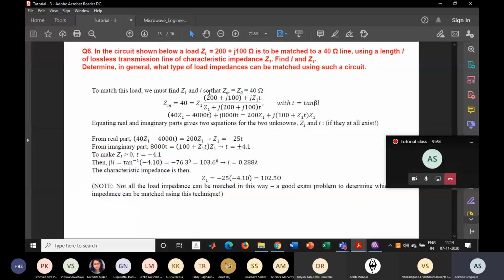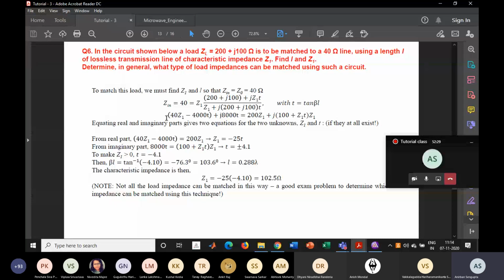For this case Z naught is Z1, which is unknown for the matching section, ZL is 200 plus j100, and j Z1 tan beta L. Here tan beta L is given as t. And you will find this equation. It's a complex equation with two variables, so we have to equate the real part and the imaginary part.